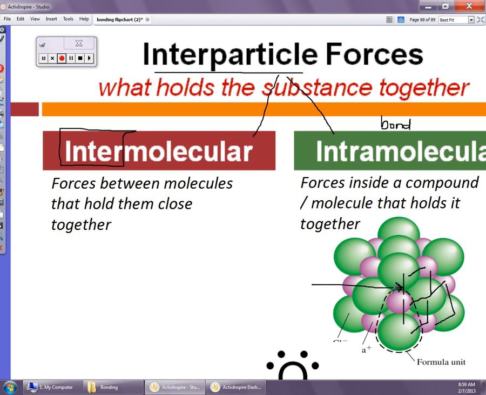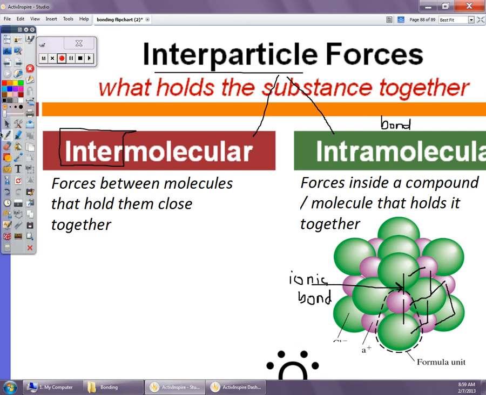These are our ionic bonds, and because we have no clear beginning or end, they are all equally bonded, and they are all considered intramolecular forces. Those forces within the molecule or the compound that holds it all together.